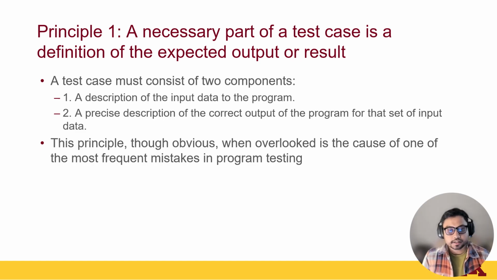In automated testing, this principle is essential because a testing framework can only determine success or failure by comparing actual output to expected output. In real-world systems, expected output may take many forms: numeric values, formatted text, database records, or system state changes. Regardless of form, the expected behavior must be clearly documented. Without this clarity, testing becomes guesswork rather than engineering.